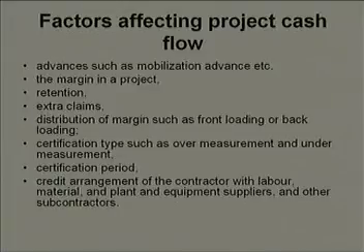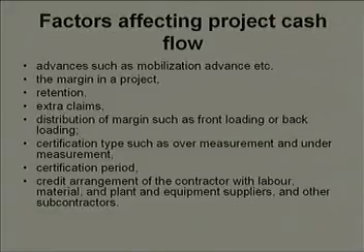We will see through an example how the project cash flow diagram gets affected due to uneven distribution of margin. There are three ways in which you can distribute the margin. It could be either on a uniform basis, or on a front loading basis, or on a back loading basis.